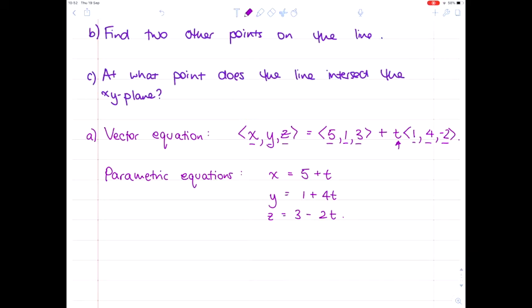As a point of interest, we could also write our vector equation as r, where the vector r stands for x, y, and z on the line.